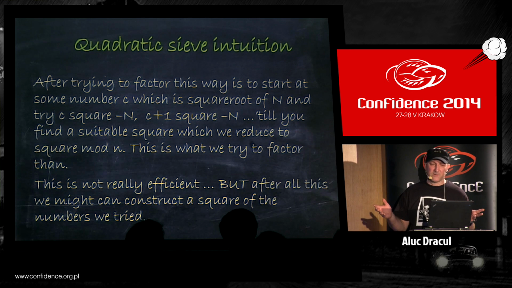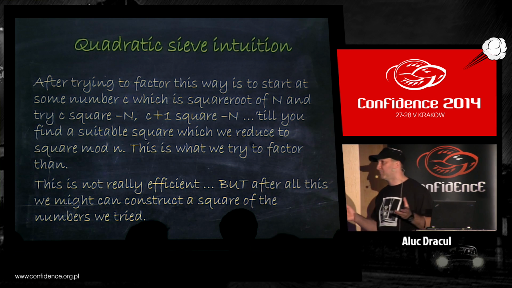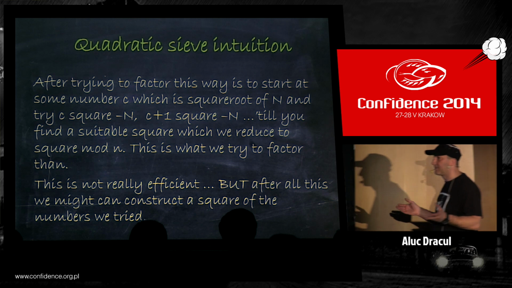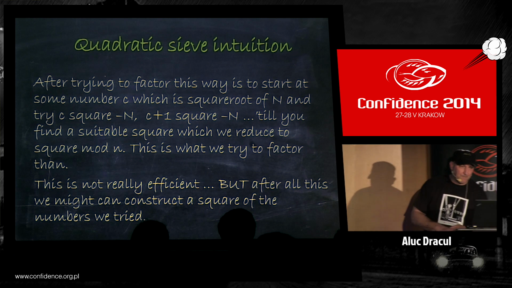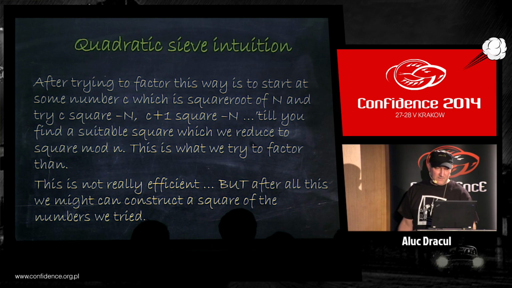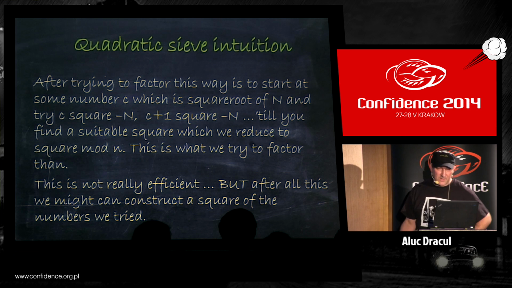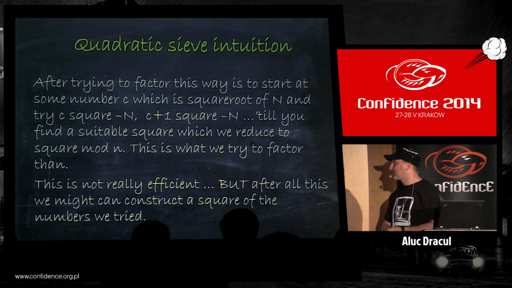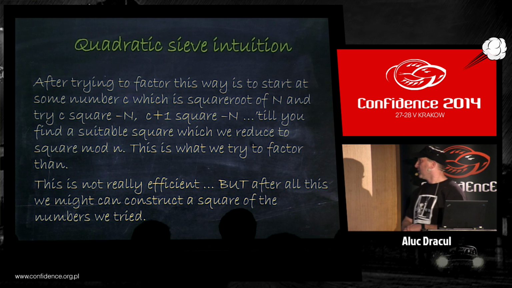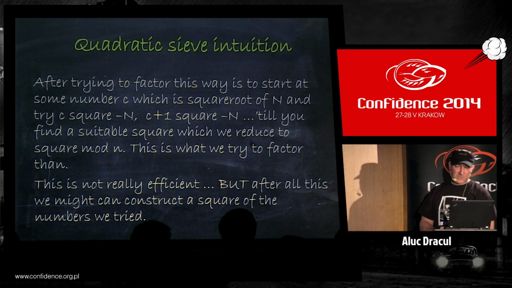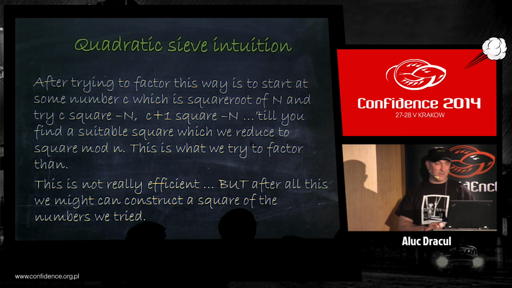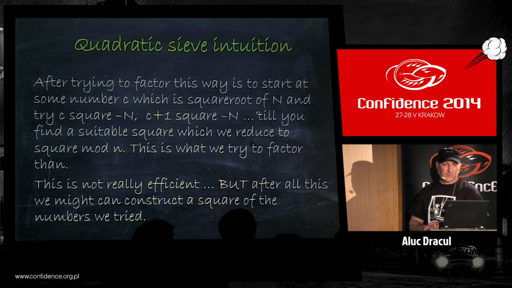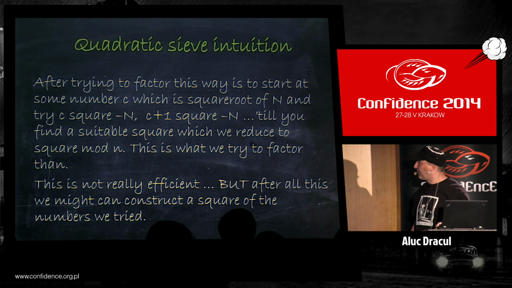The suitable square would be some smooth number, right? This is what we try to factor then. Actually, we have a smooth number, and we try to factor that, and if it's small enough, then it's really good. It's not as efficient as the stuff used today, but after this we can construct a square of the numbers we tried before.